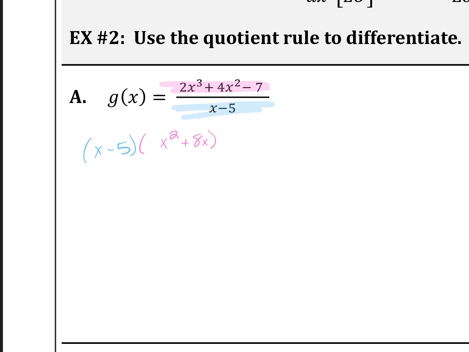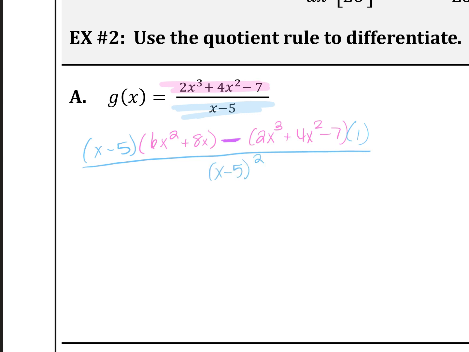Sorry, I was thinking it was just x squared or x cubed. Because 3 times 2. And then we subtract the top times the derivative of the bottom, which is 1. And then all of that over the bottom squared.